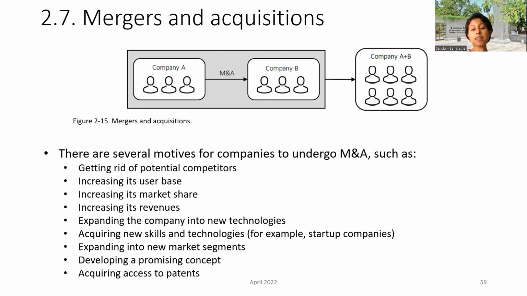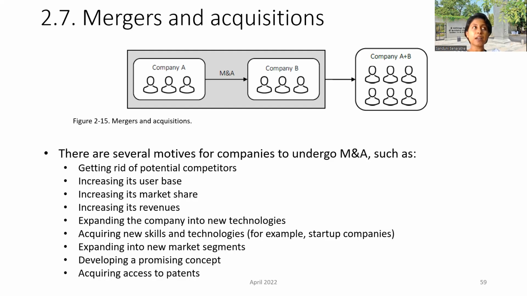Also maybe to increase the revenues, or to expand the company into new technologies. If a particular company does not have access to exclusive technology that is owned by another company, that company can benefit by entering a merger and acquisition arrangement with that company so that they have better access to advanced or exclusive technology. Or maybe to acquire new skills, for example, and also technologies.